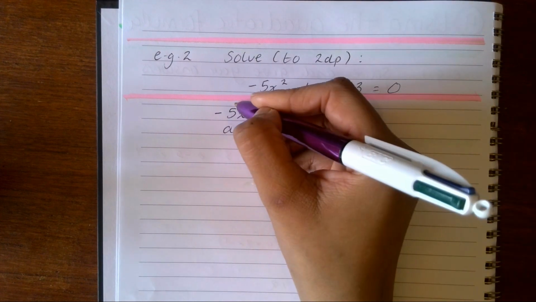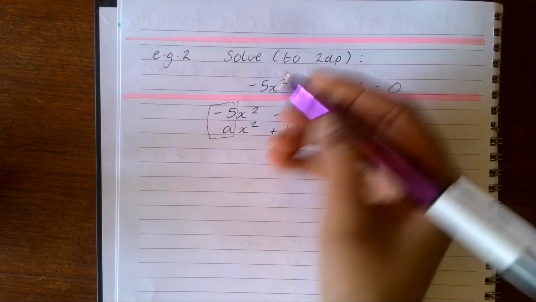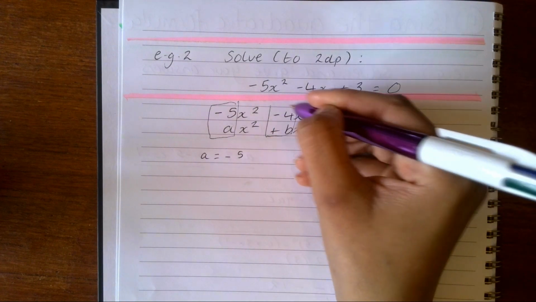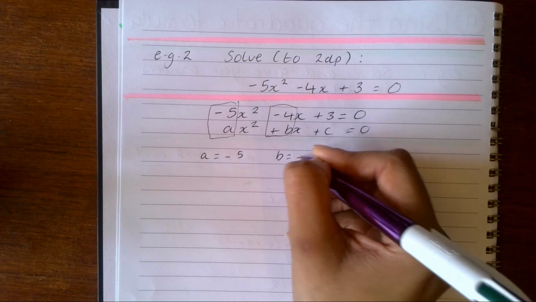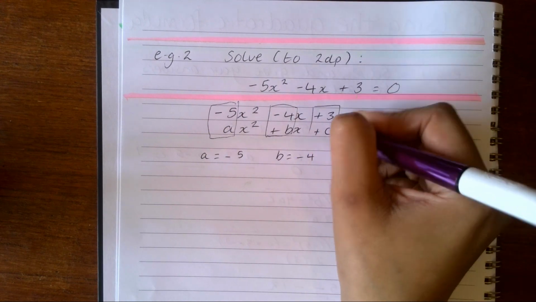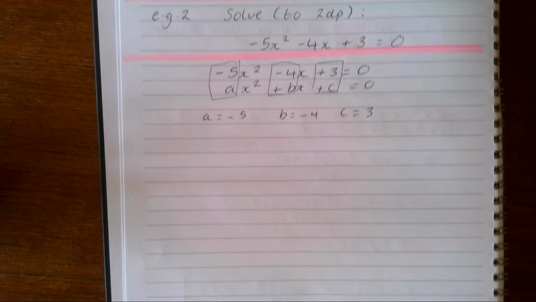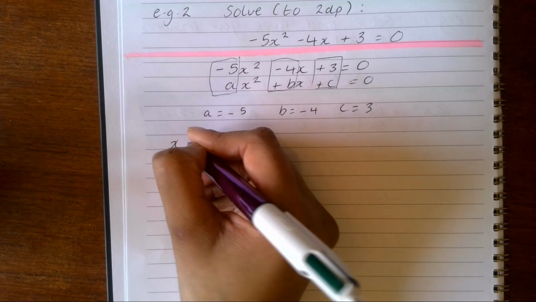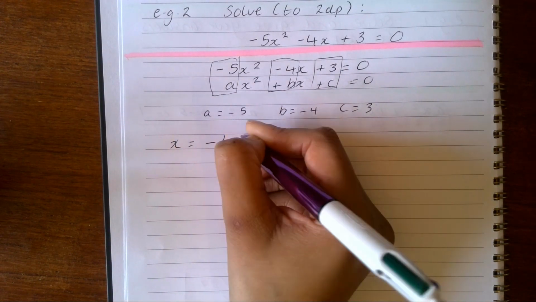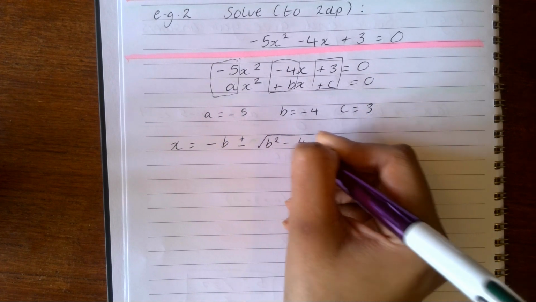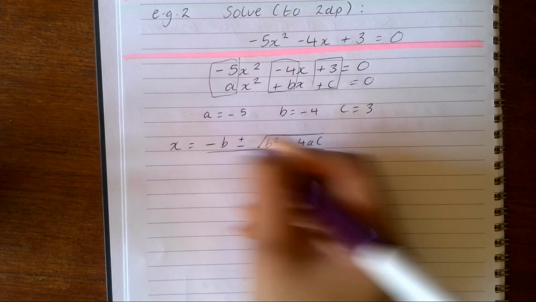So a is minus 5, b is minus 4, and c is 3. So I'm going to plug that into my formula, which is this, minus b plus minus the square root of b squared minus 4ac all over 2a.